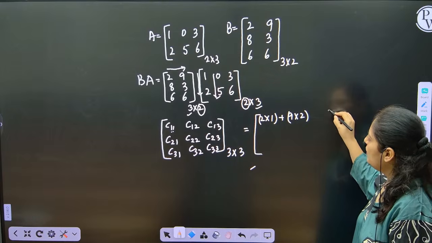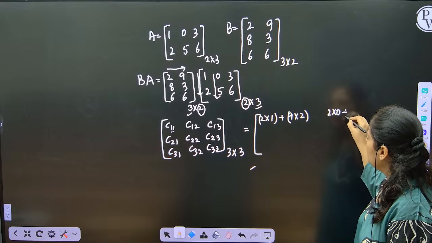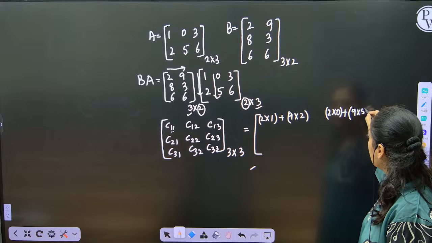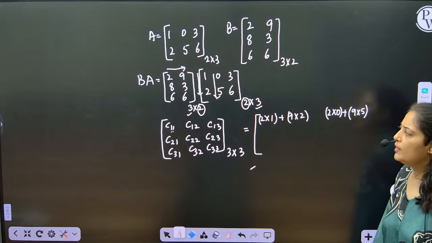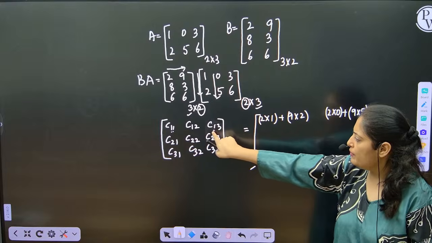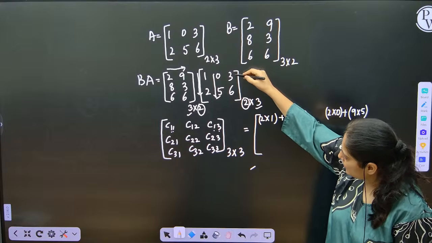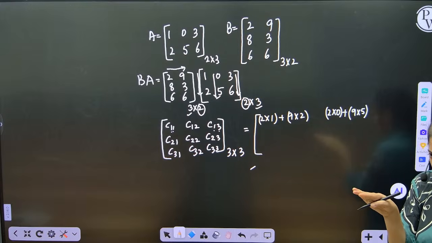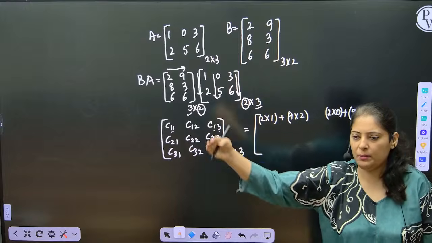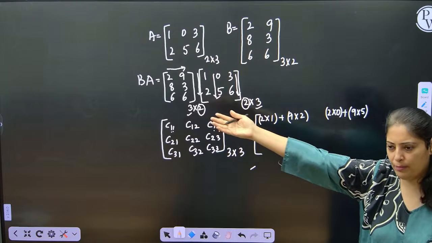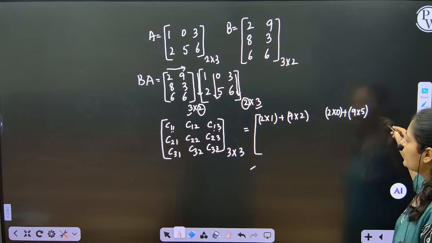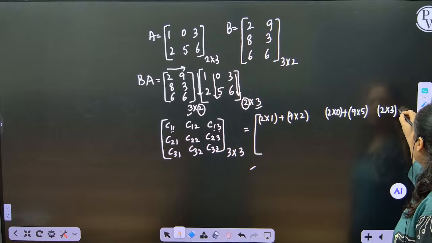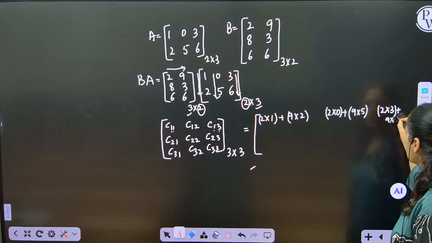First row, 2 into 0 plus 9 into 5. Now first row will be multiplied with third column. First we have to deal with all the first rows, and then we'll proceed with first column, second column, third column. If a fourth column is also there, you can do it the same way. So 2 into 3 plus 9 into 6.